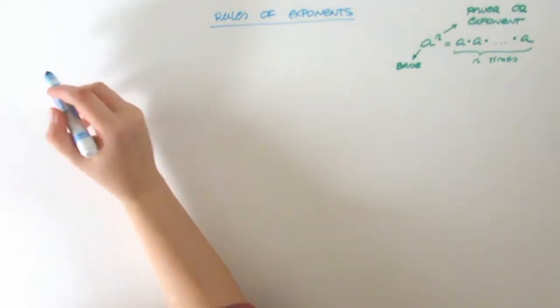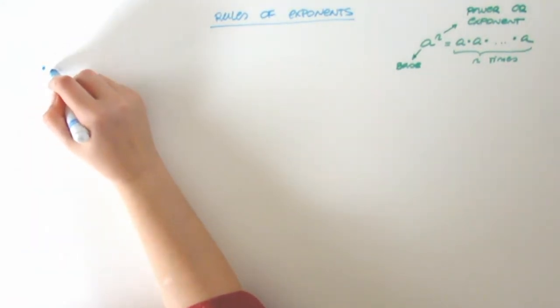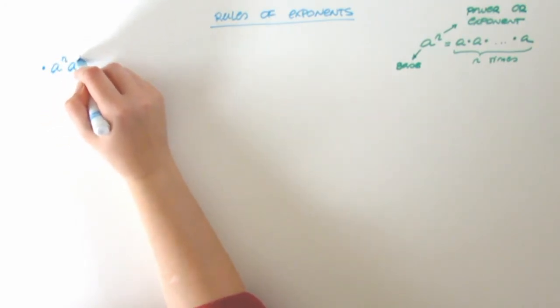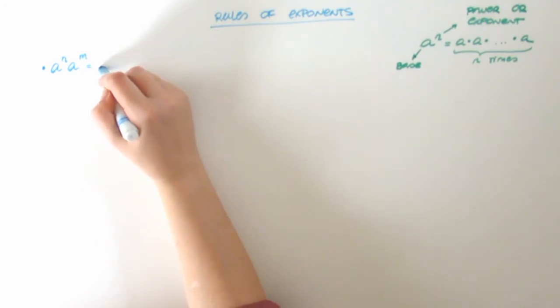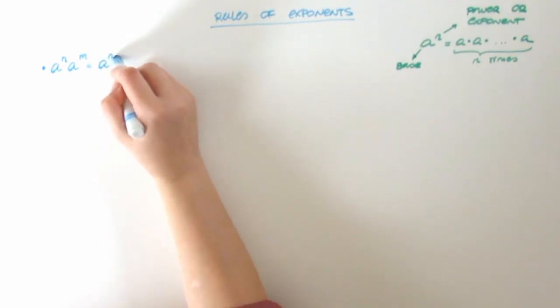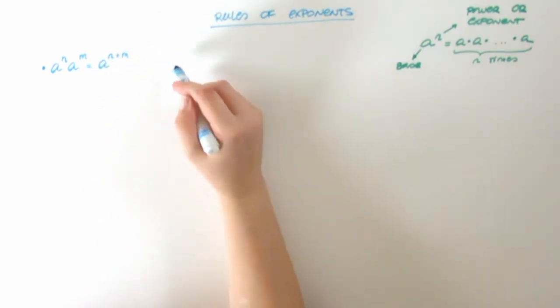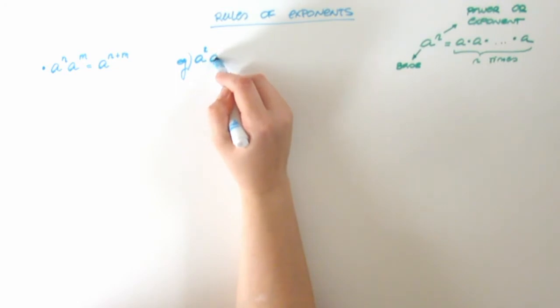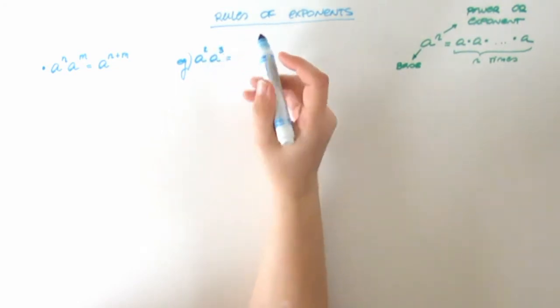First rule of exponents. A to the power of n times a to the power of m, is the same as a to the power of n plus m. I add the exponents. With an example, let's imagine we've got a square, a to the power of 2, times a cube, a to the power of 3.